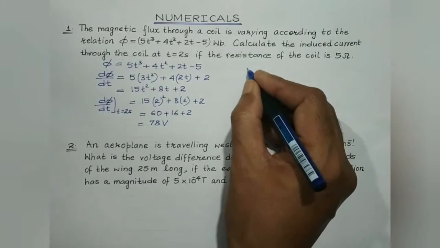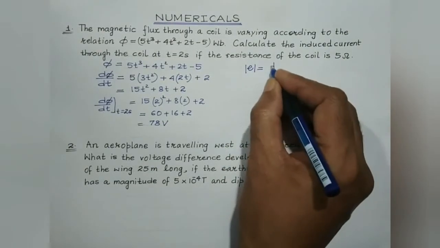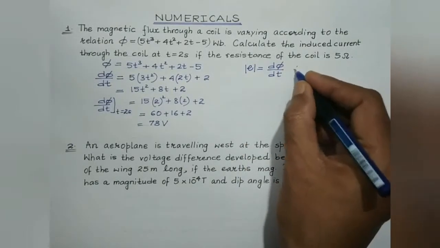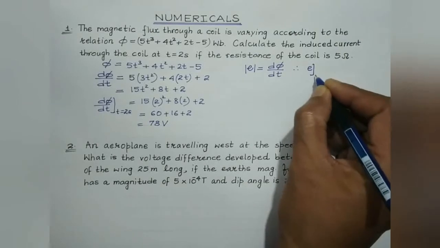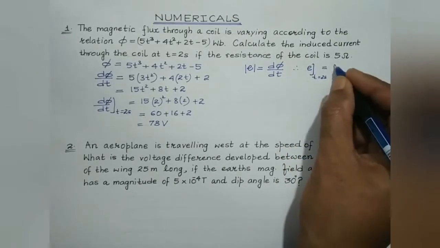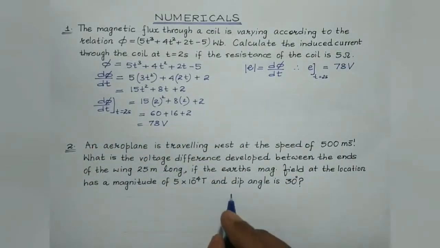Now look, the induced EMF in magnitude is given by the time rate of change of magnetic flux. So therefore, the induced EMF at the instant t equals 2 seconds, its magnitude would be 78 volts. Right? This is what we have calculated over here.